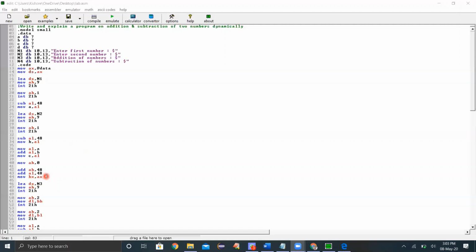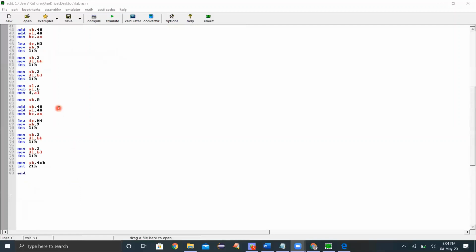Next, add those AH and AL. AH means the higher digit of the addition value, and AL means the lower digit. For example, take 11: in the higher digit we store 1 and in the lower digit we store 1. This is AH and AL. That AH and AL is in the AX register. So the AX value is stored in BX.